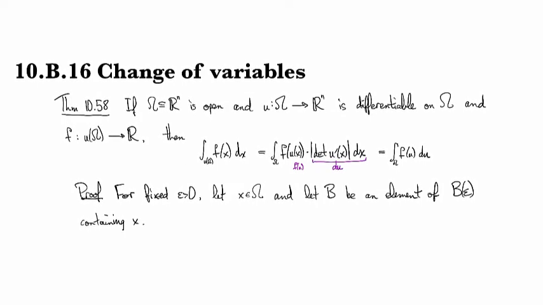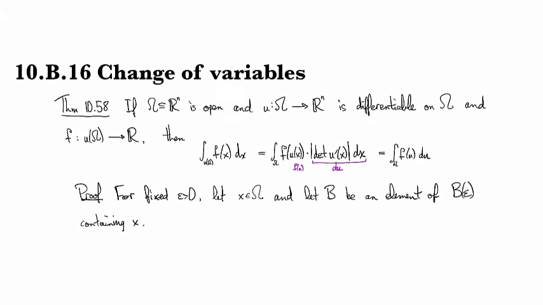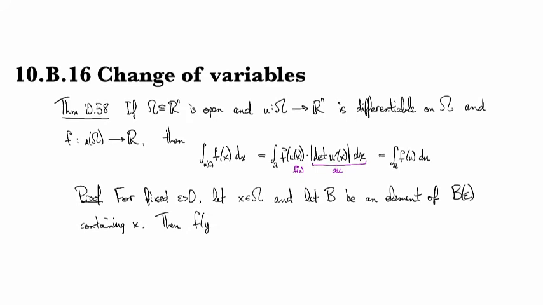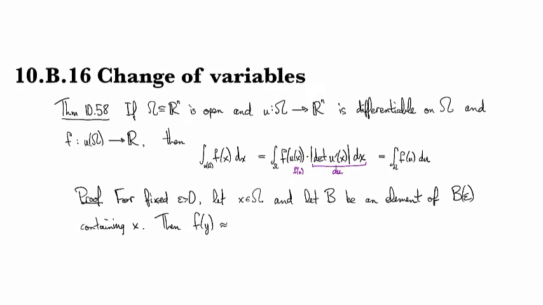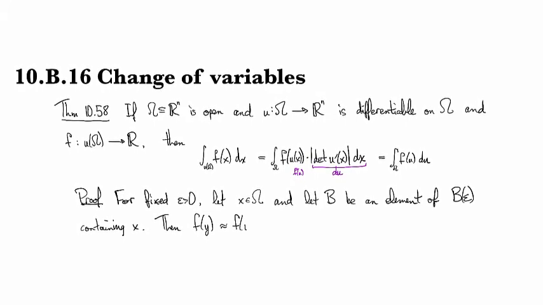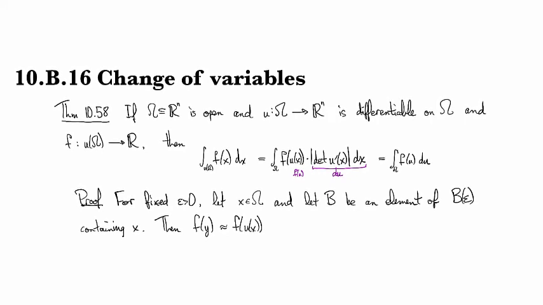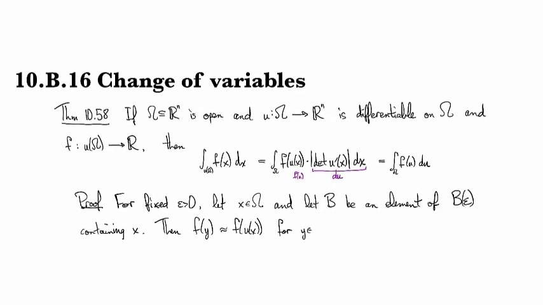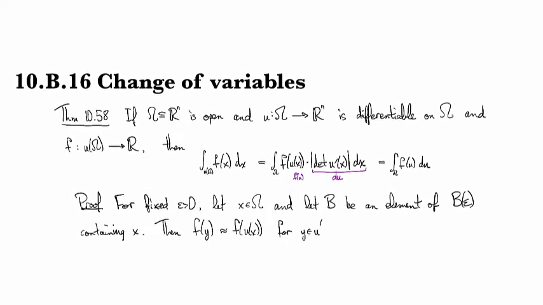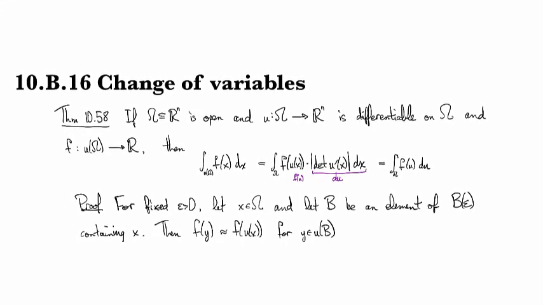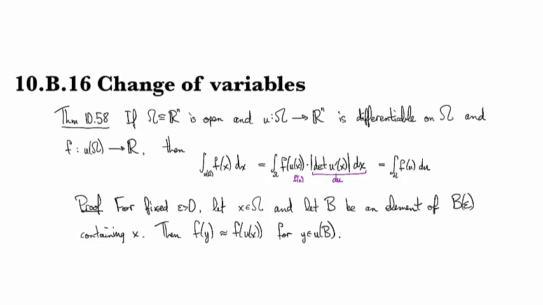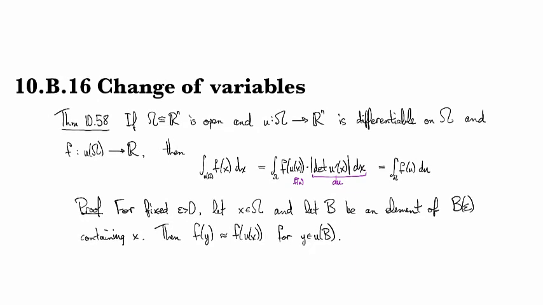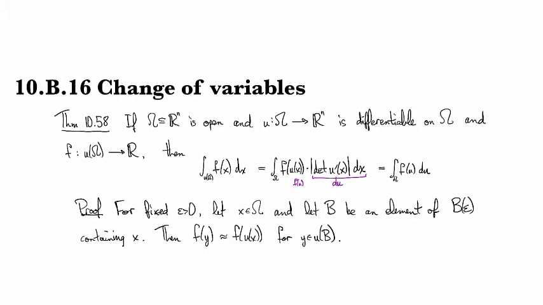Okay, so we find a box that contains x. Then f of y is approximately equal to f of u of x everywhere on this little box, because we've picked our box to be small enough. So the difference between the max value of f and the min value of f on this little box is going to be no bigger than epsilon.